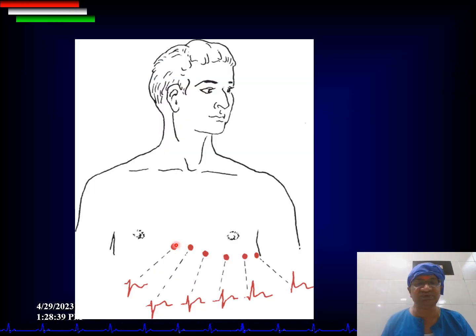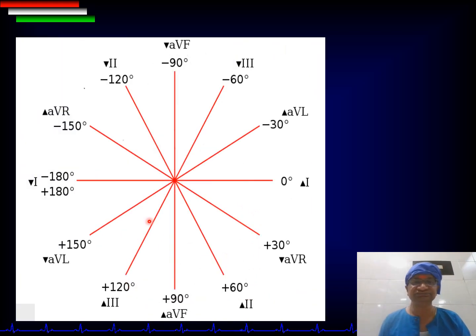V1 is parasternal, fourth intercostal space, and this is between V4 and V2. This is V4 midclavicular line. This is V5 anterior axillary line, and V6 mid axillary line.